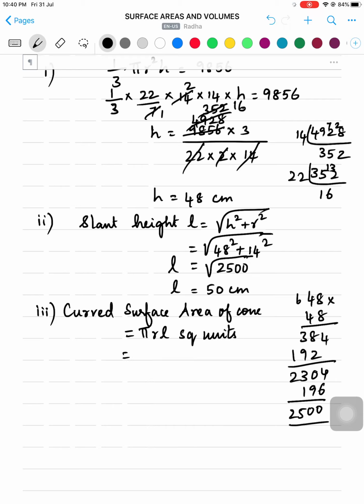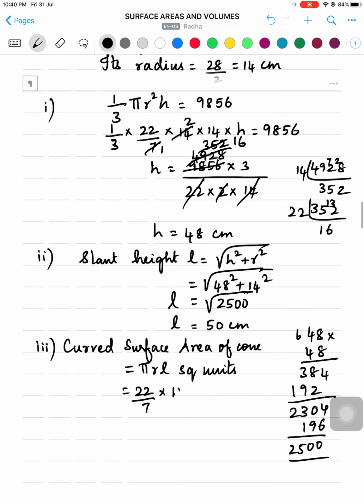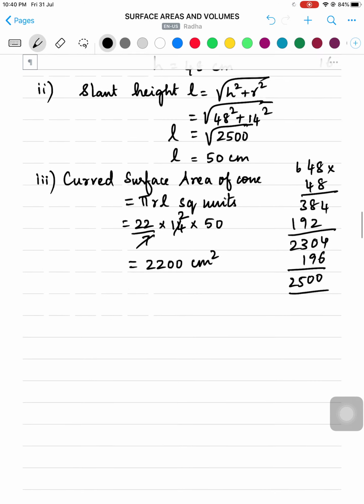So pi value they have not given, so we have to use 22/7 into radius, which is 14, into L, which we just now found, 50. So 7 ones are 7, 7 twos are 14, so now multiply the numerator. 50 into 2 is 100, 100 into 22 is 2200 centimeter square.